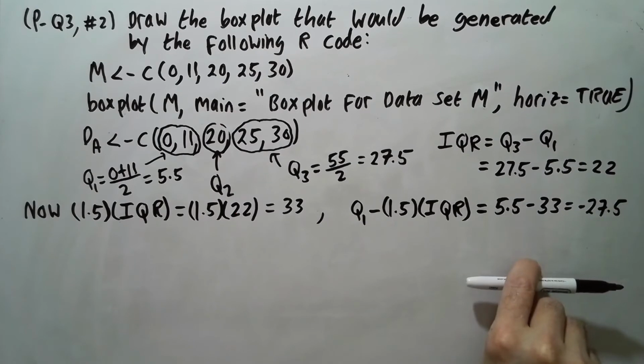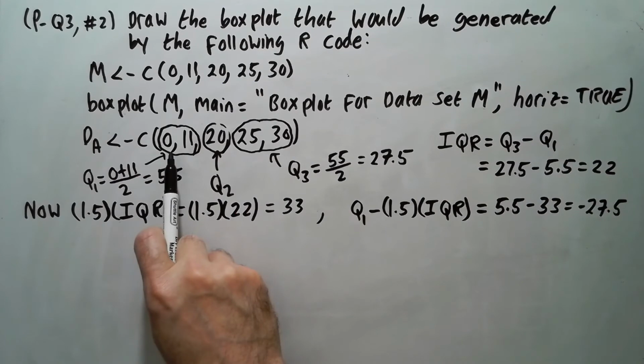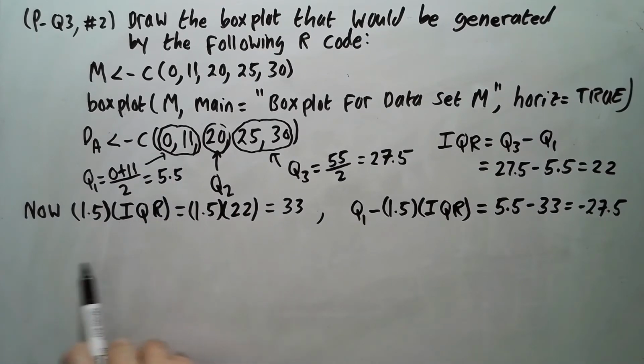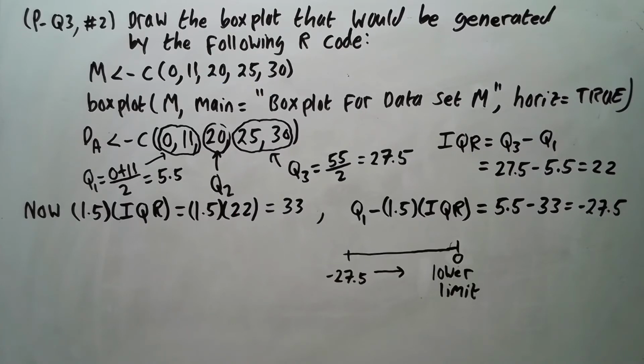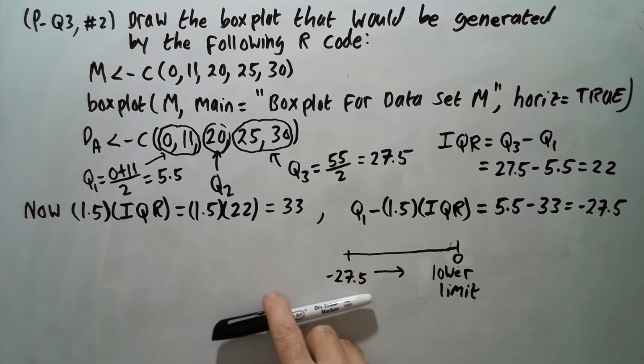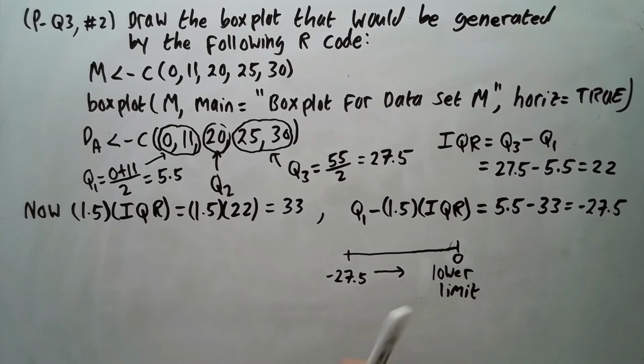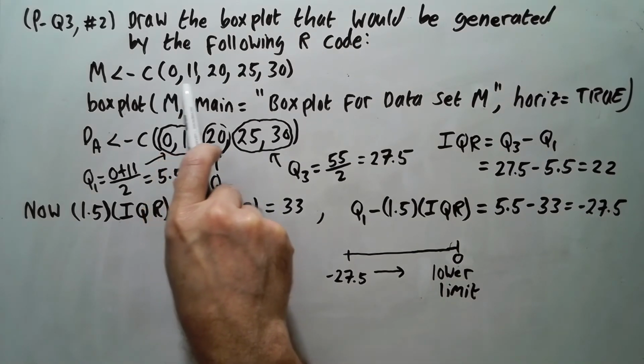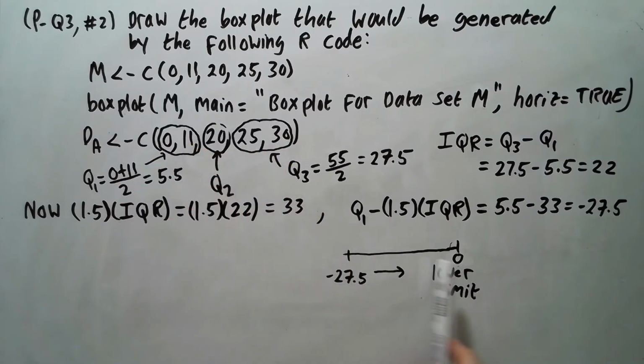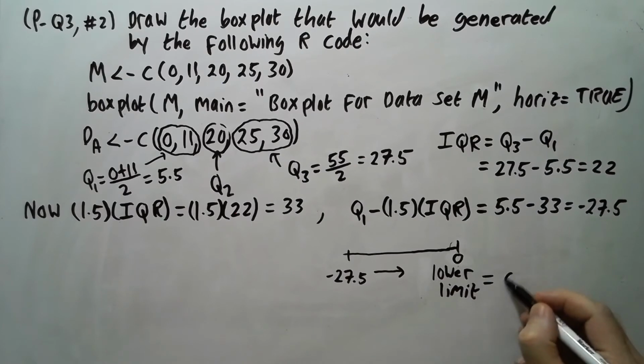It's going to be the first data value in our vector that we hit. It looks like it's going to be 0. So moving up on the number line from negative 27.5, the first data value that we hit will be 0, because 11 will be up here somewhere. So 0 is the first value that we hit, so therefore our lower limit will equal 0.